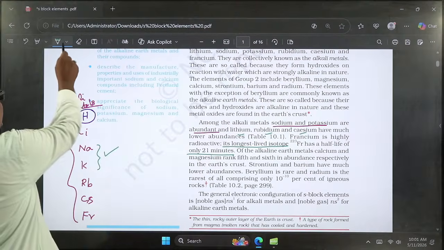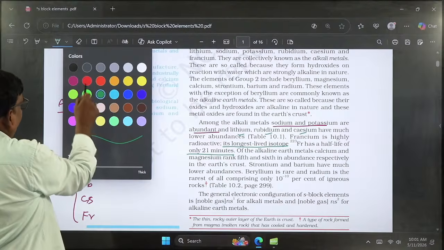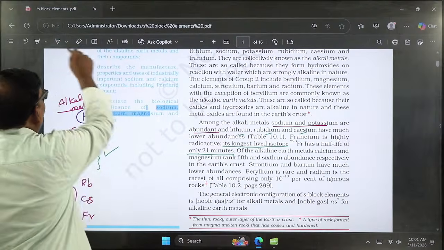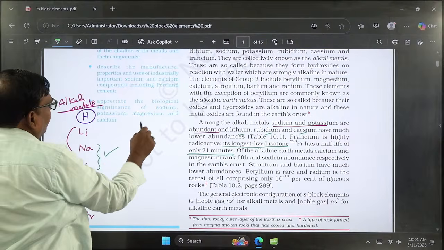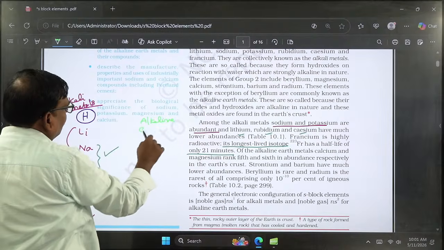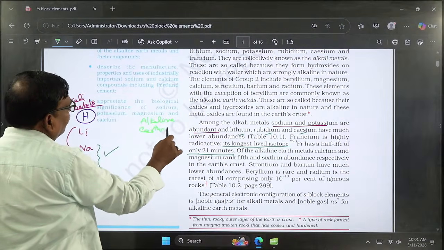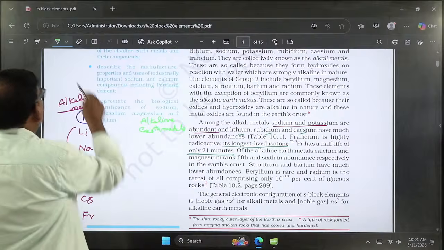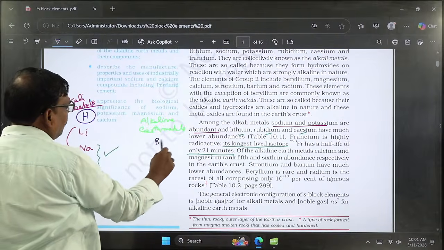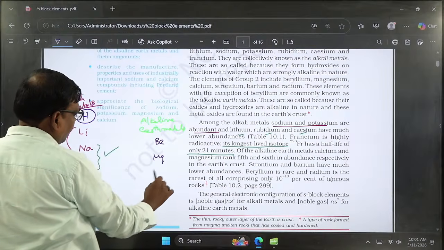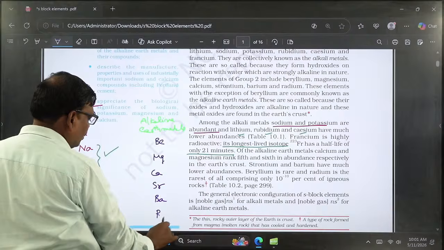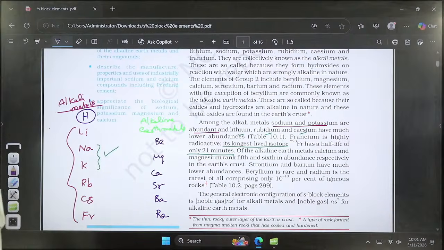Coming to the general description of 2A group elements. Those 2A group elements are said to be alkaline earth metals. The elements are beryllium, magnesium, calcium, strontium, barium and radium.